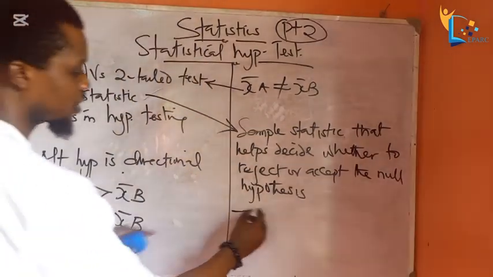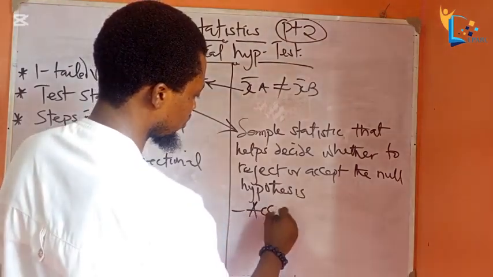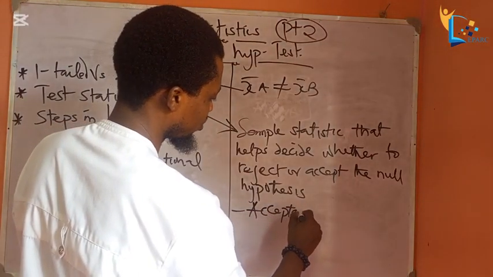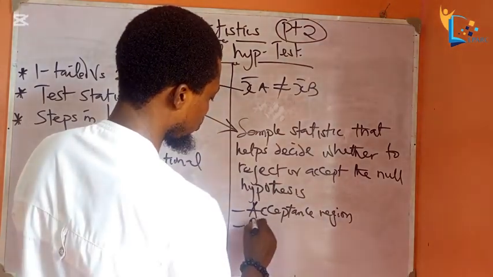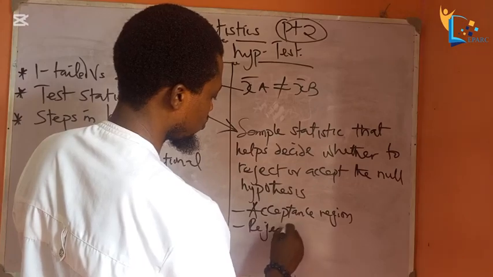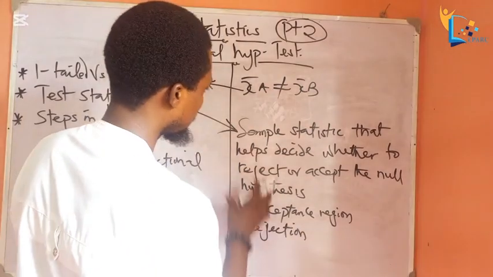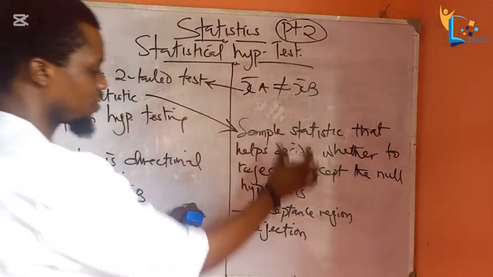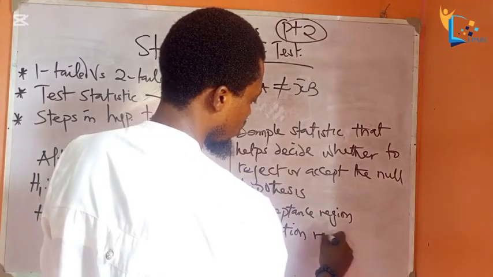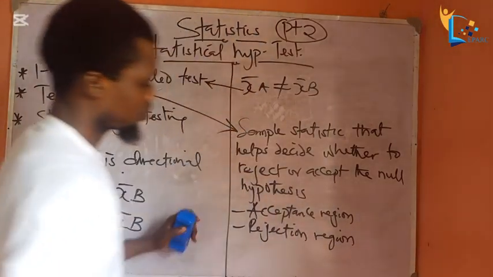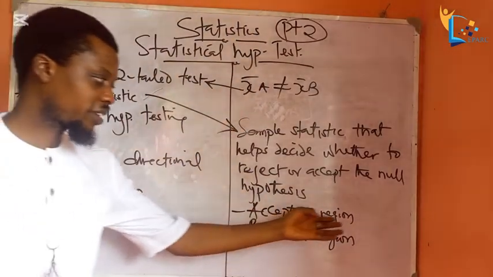We have the acceptance region and the rejection region. So the distribution of the sample statistic is divided into two regions: the acceptance region and the rejection region. Are we together?